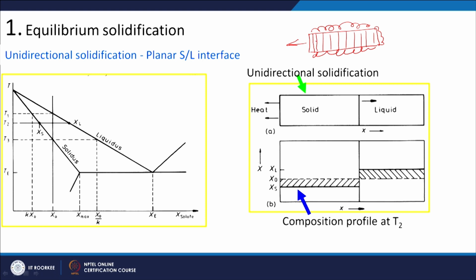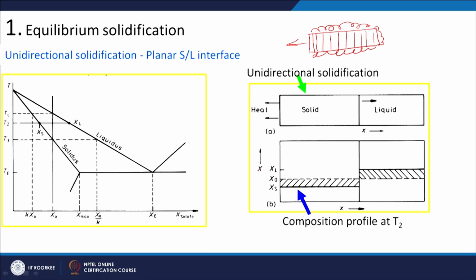Because solid is growing only from one side, we can now see how the composition is changing at different temperatures. Initially at T1 temperature, as I told you, the solute content of the solid will be this, which is given by K times X naught, and the liquid will have X naught composition. Let us see what happens at T2 temperature in this particular volume in terms of solute content.